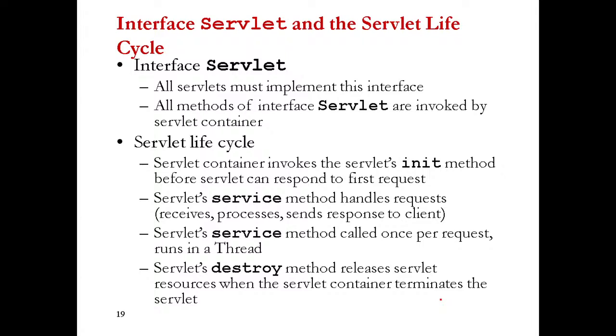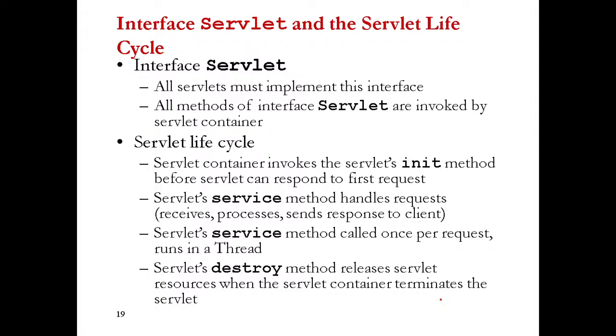So the servlet lifecycle basically has 4 methods. First is the init method. As we saw in the previous tutorial, an applet also has the init method in its life cycle. Init means initialize.